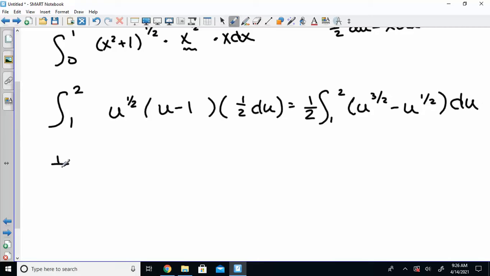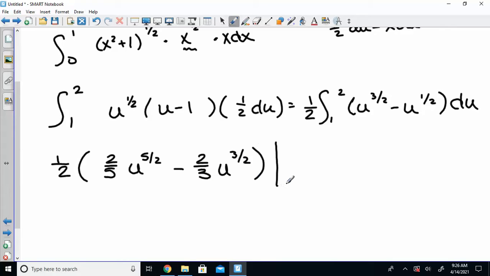So now we do our antiderivative. Add 1 to the power, so that's 5/2, put the reciprocal in front, 2/5. Minus, add 1 to your power, so that's 3/2, reciprocal in front, so that's a 2/3. Since I changed my limits, I don't have to plug back in my x. We're just going to put in the 1 and the 2 here.